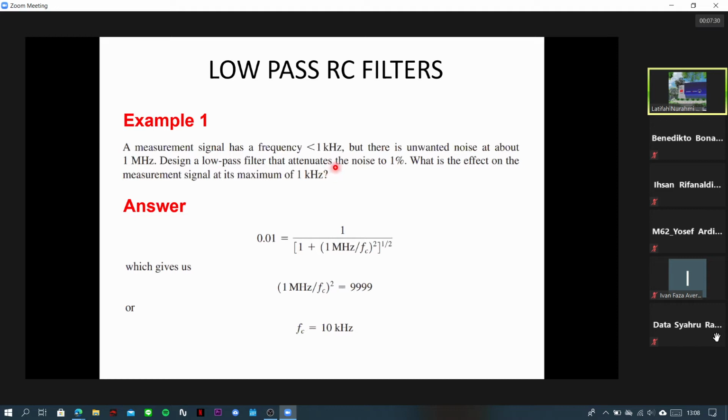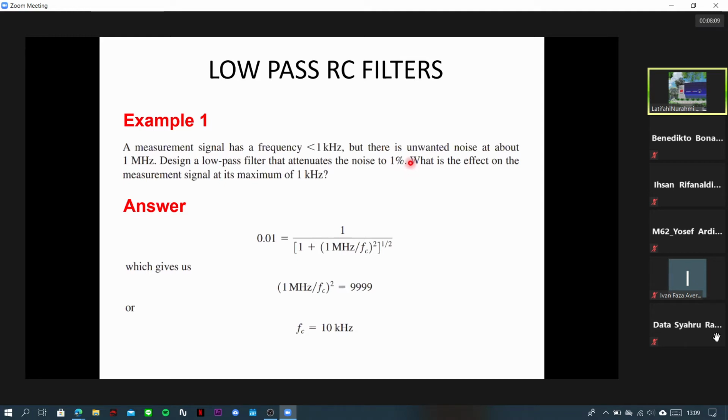What we can capture is the unwanted noise at about 1 megahertz. Now we want to design a low pass filter that removes 1 megahertz, with at most 1% effect at 1 kilohertz. That's what we want to design.